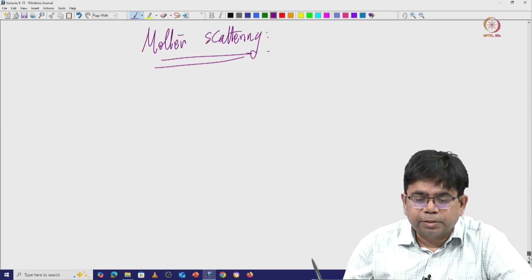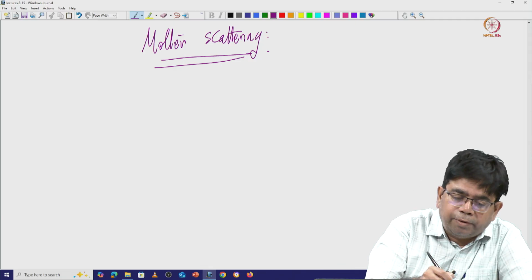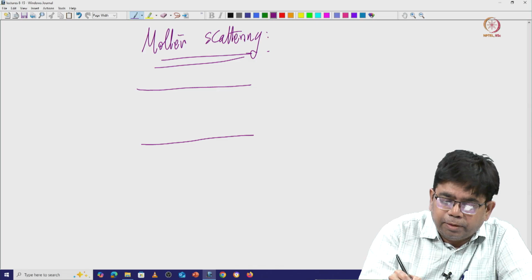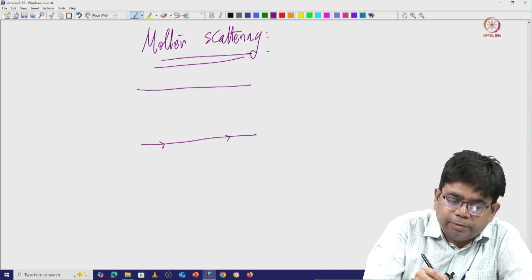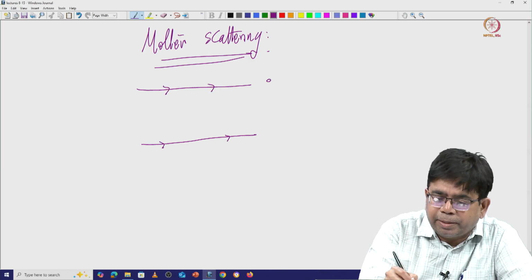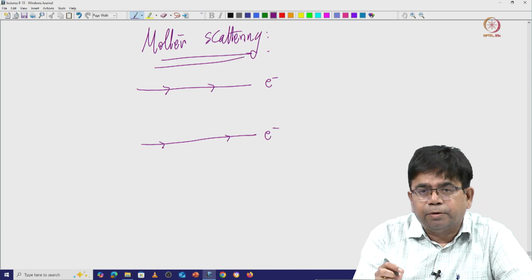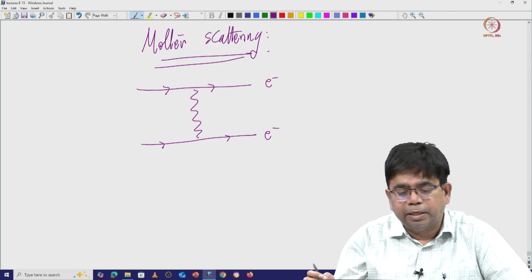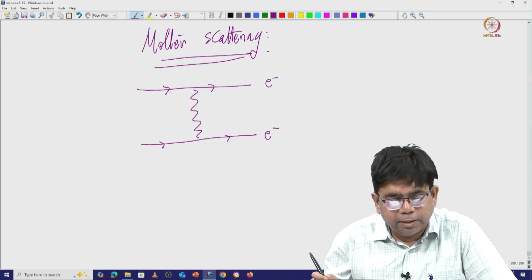So scattering of an electron with another electron. Both of them are electrons. You can do the same exercise with positrons also, and the answer is exactly the same because of the theorems involved.